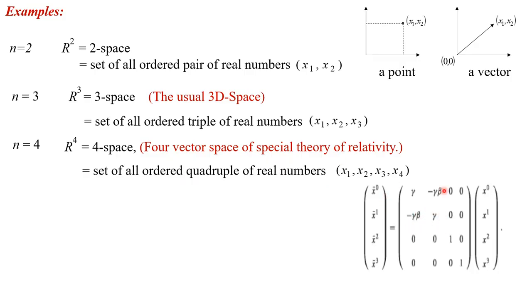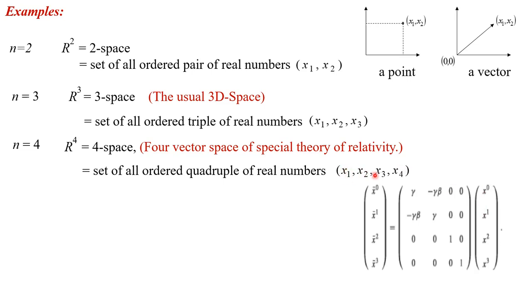The set of all these ordered tuples in special relativity form a four-dimensional space, and that four-dimensional space is known as Minkowski space-time, or just Minkowski space. And in that space, we have a four-dimensional vector. So look at this, a four-dimensional vector in the column representation: x0, x1, x2, and x3. And look at our notation.